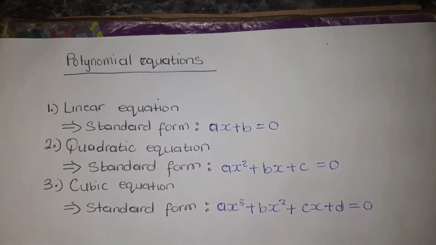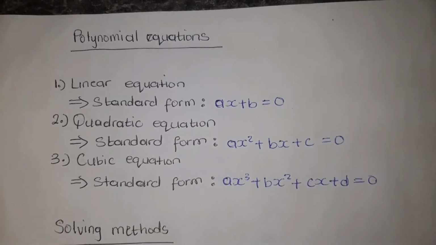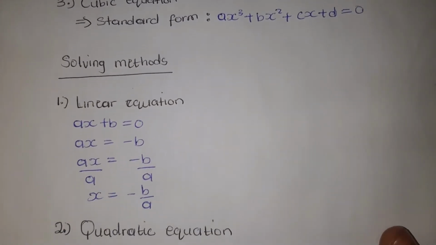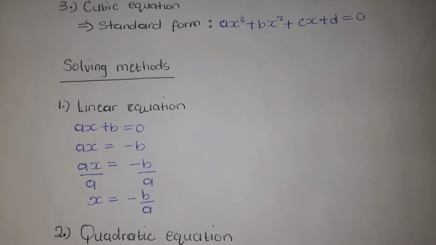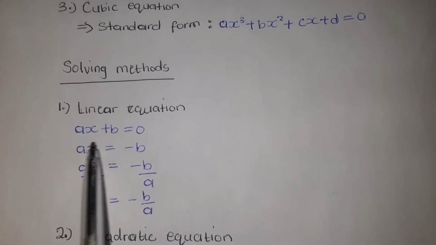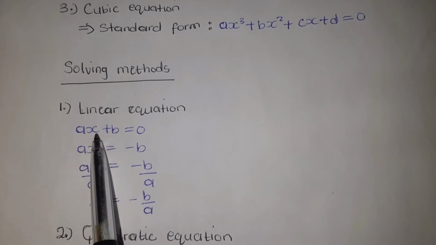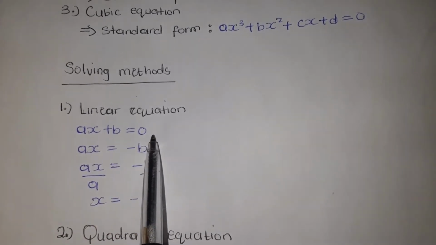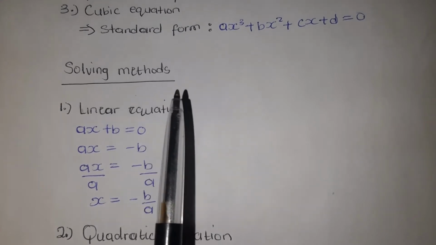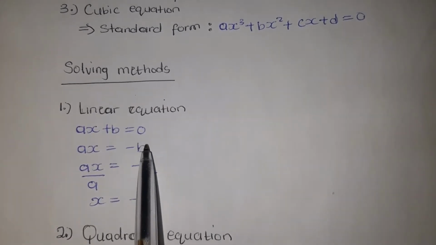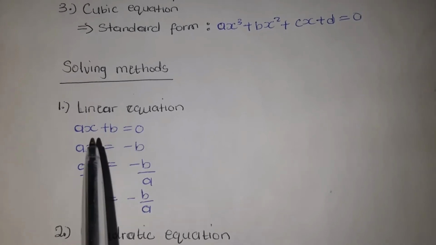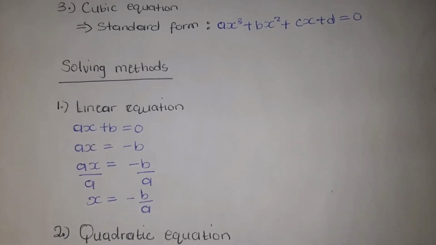Okay, let's move on to the solving methods. The solving method of linear, we can take the standard form of linear equation, which is ax plus b is equal to 0. When we are talking about solving methods, it is whereby we make x the subject of the formula, or find x.